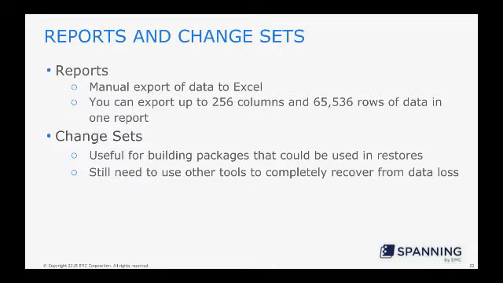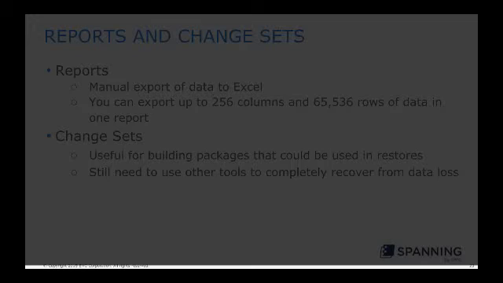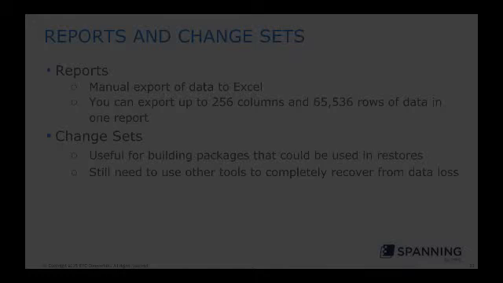So you can only get like 256 columns, you only get 65,000 rows of data. Depending on how the report is built, it may not be one-to-one on the objects, right? You may be doing a summary report that gets data from 3 different objects. So if you go to load that stuff back in with Data Loader, you've then really got to modify those files to leverage. So it's something that you can certainly do to back your stuff up, especially in a pinch, but it's a pretty tedious thing to leverage.